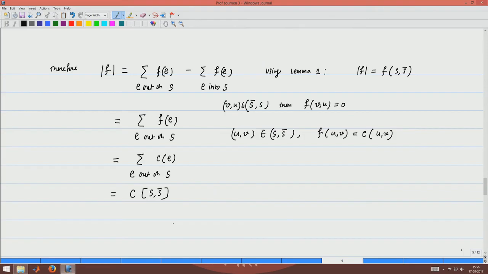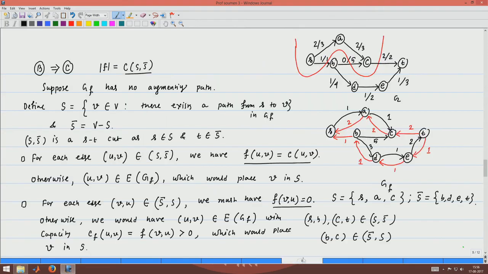Okay. So, in order to prove that B implies C, where B is the condition that the residual network does not have any augmenting path, we described here a technique to find a cut for which the flow value will be equal to the capacity of that cut.